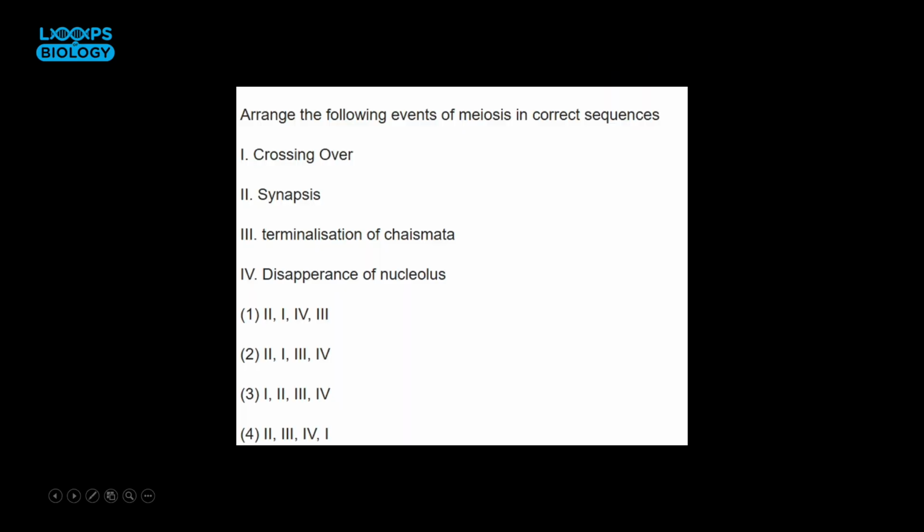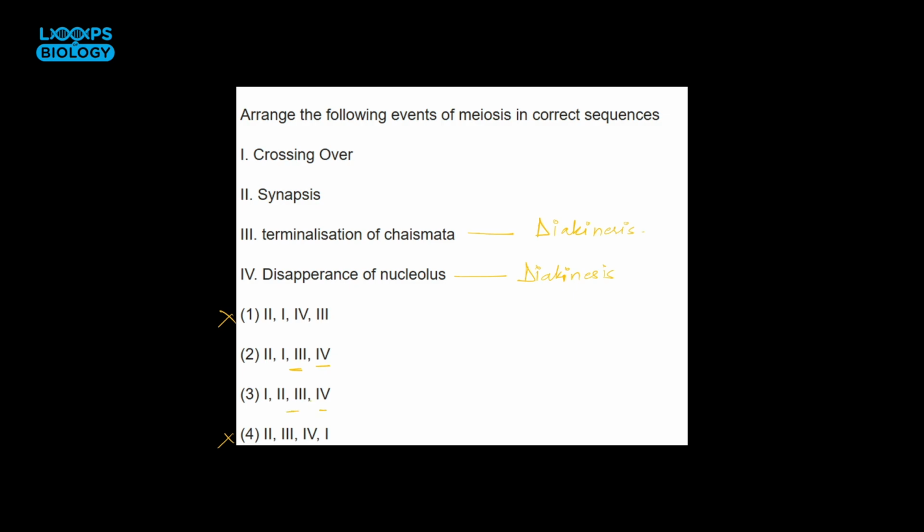So let's see what the question is. Arrange the following events of meiosis in the correct sequence. As we know, disappearance of the nucleus takes place in diakinesis. It was the last phase, right? So options 1 and 4 are wrong. Terminalization of chiasmata is again in diakinesis, but it takes place before the disappearance of the nucleus, so 3 will come before 4.